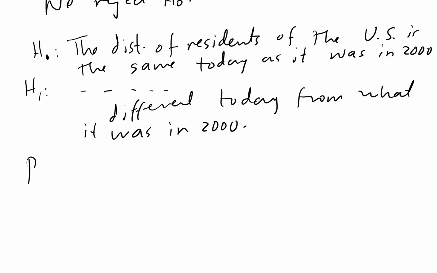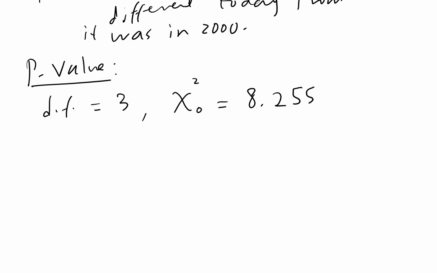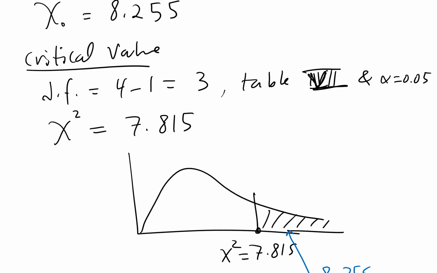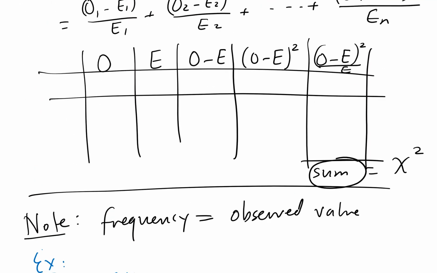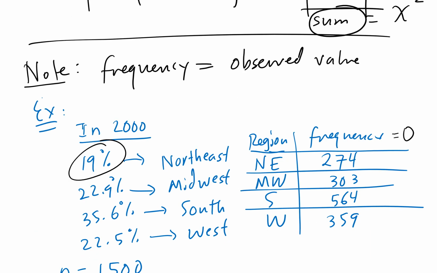Now for the p-value approach, the degrees of freedom is again 3, and the chi-square we found is 8.255. Now we look in the table to find where 8.255 falls. In the same row where the 3 is, 8.25 is somewhere between 0.025 and 0.05.